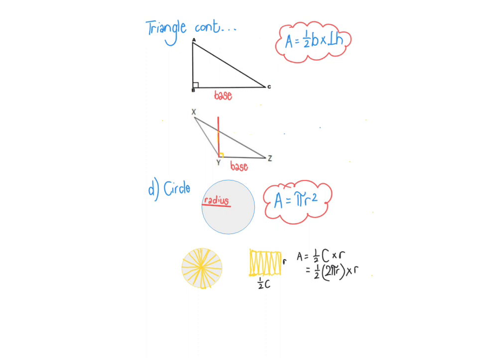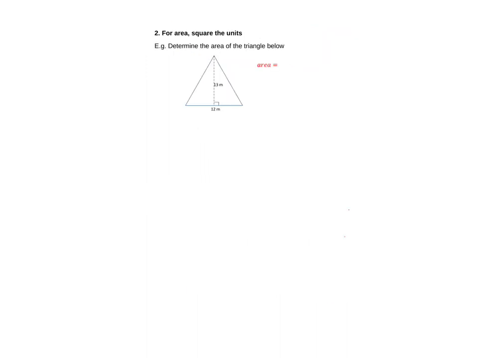So I've just substituted circumference over here with the actual formula, and then I can simplify that, and half of 2 becomes 1, which we don't really have to write, do we? 1 times pi times radius, and a different way to write radius times radius is radius squared. And thus that's how the formula exists. Okay, and then for area, square the units when you write the final answer.